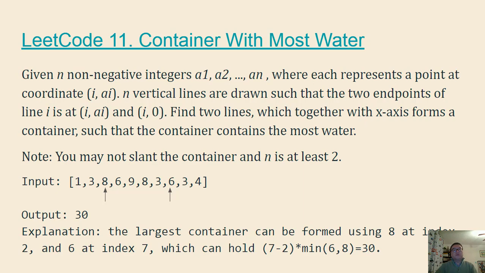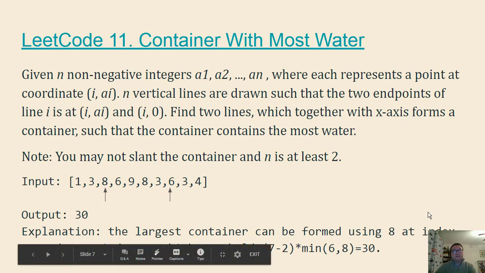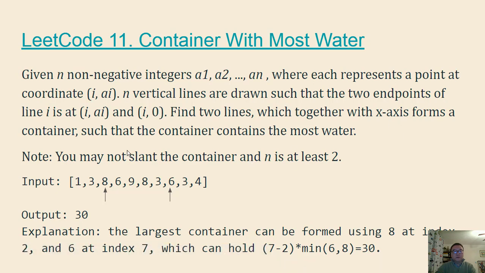So of course, when you have two sides of a container of unequal height, then it's the smallest height that determines how much water you can hold. Just like the saying, it's the shortest plank of a barrel that determines how much water it can hold. And just to be really precise, the problem says you're not allowed to slant the container.